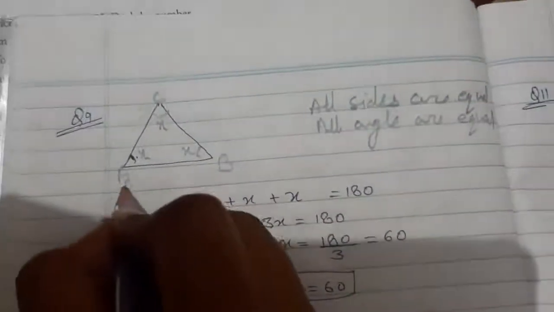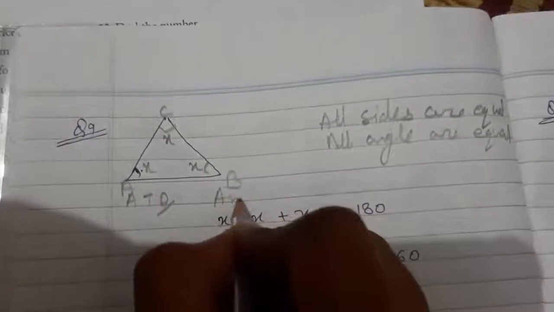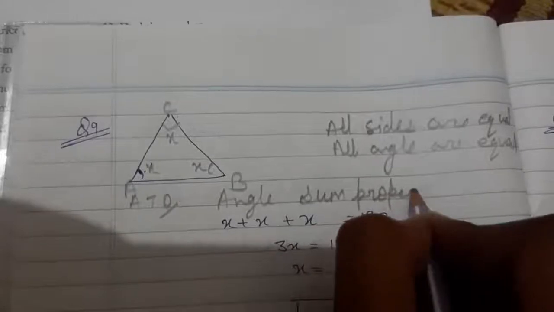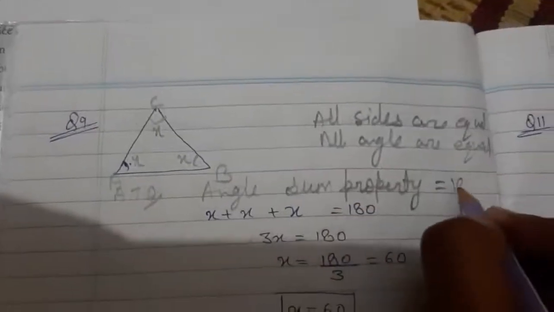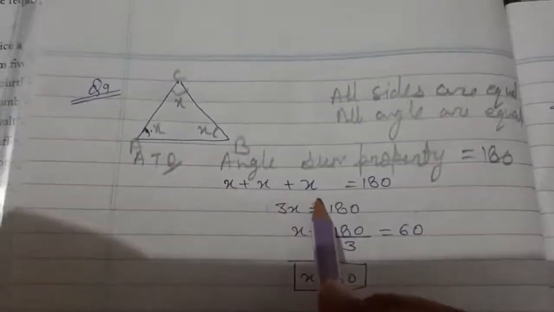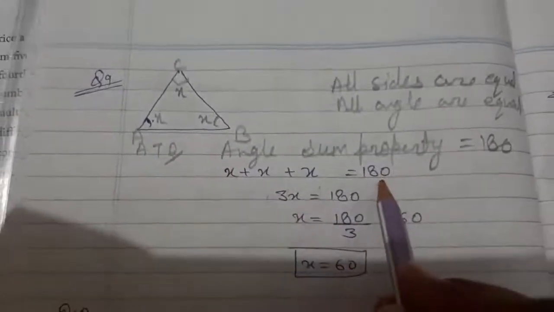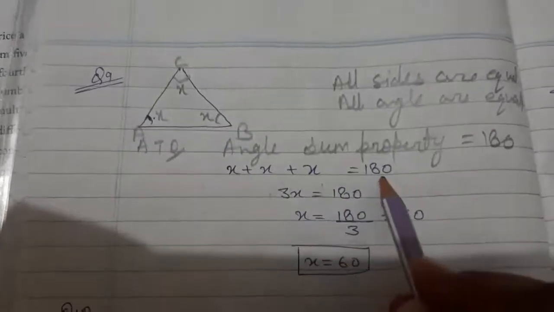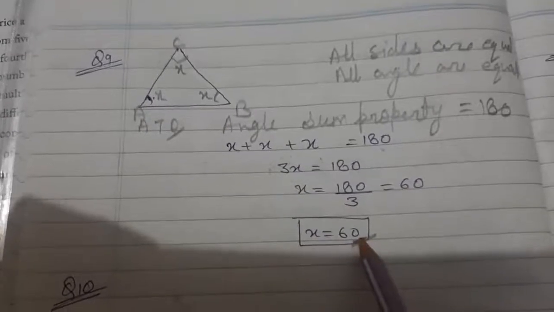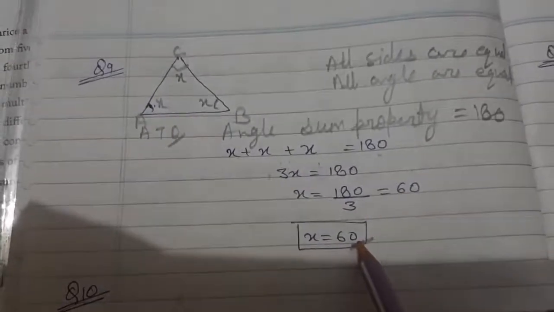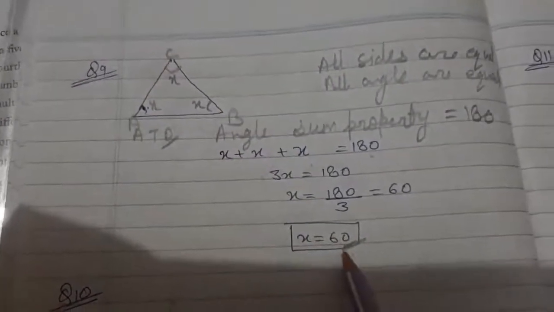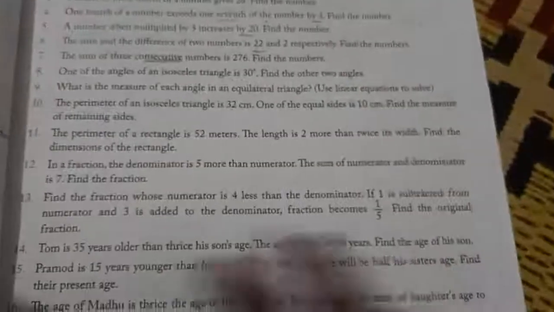Now we use the angle sum property, which is equal to 180 degrees. So add these three angles, x plus x plus x, becomes 3x equal to 180. Then you get the x value, 60. In an equilateral triangle all sides are equal and each angle is 60 degrees.